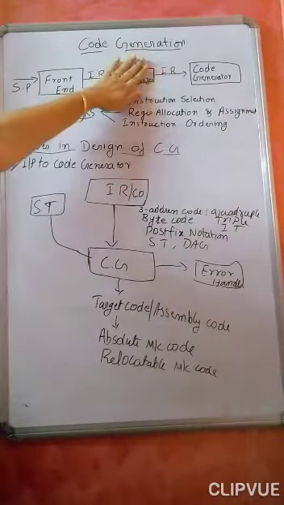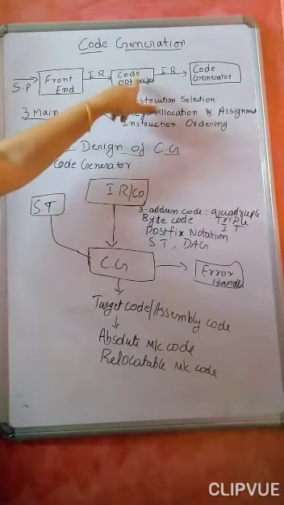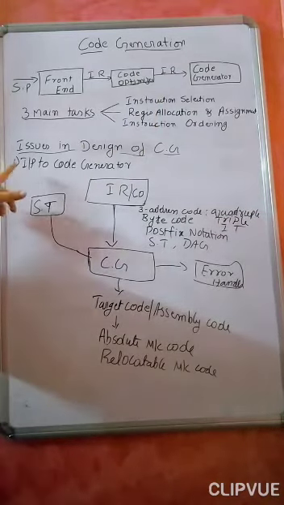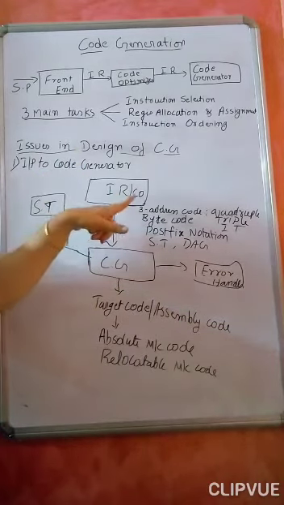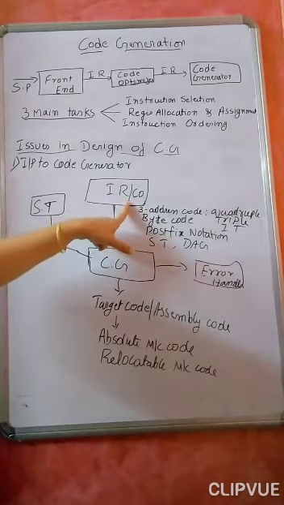If the code optimization phase is not there, it is just an intermediate representation. If it is there, then the optimized intermediate representation is the input to the code generator.